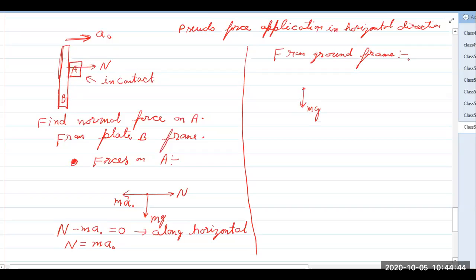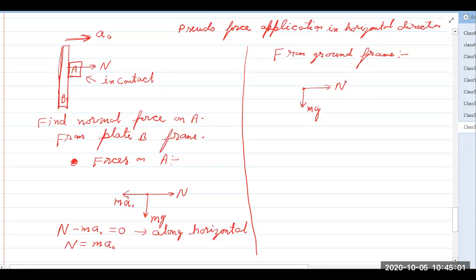Since we are observing from the ground frame, we will not apply any pseudo force, because the ground frame is an inertial frame. Ground frame is not an accelerated frame, we assume. So only these two forces.